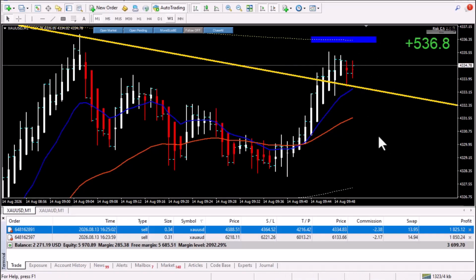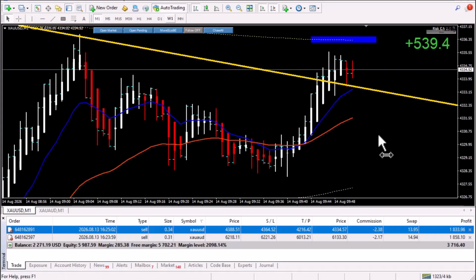I just drew a rectangle. If it breaks this area, I will move the stop and close all trades.